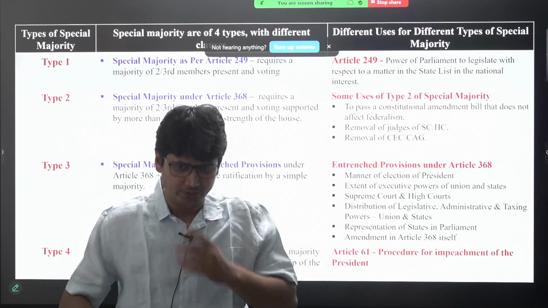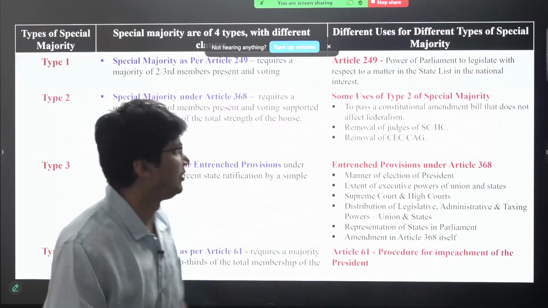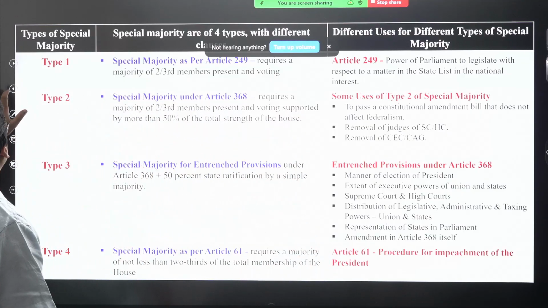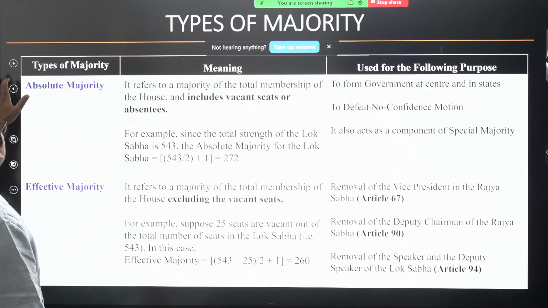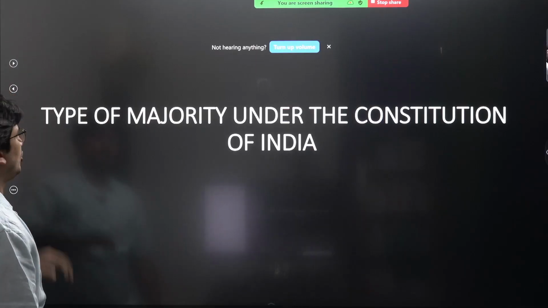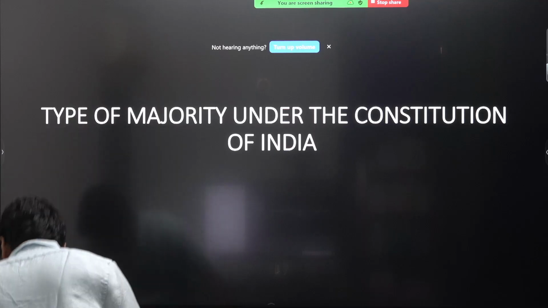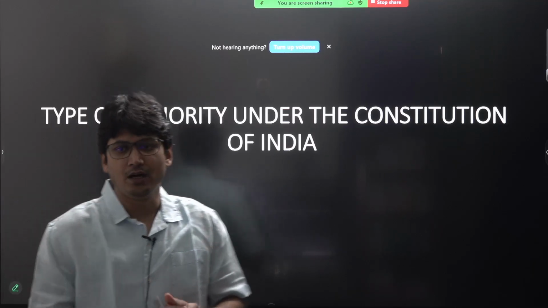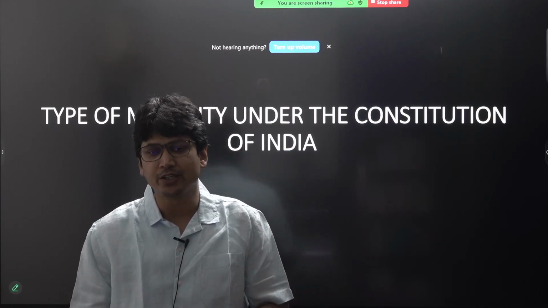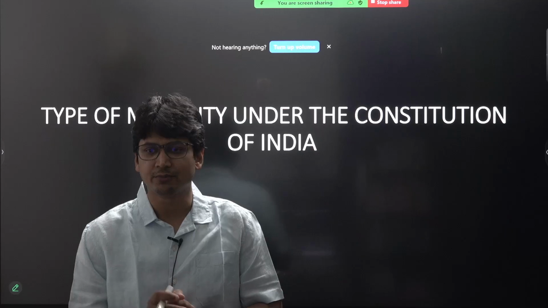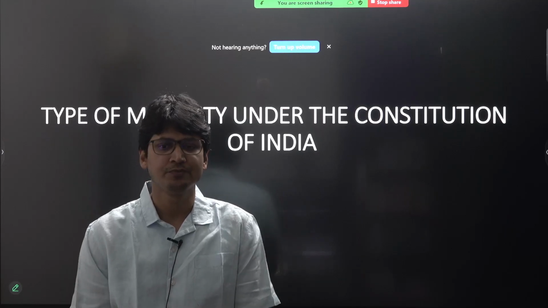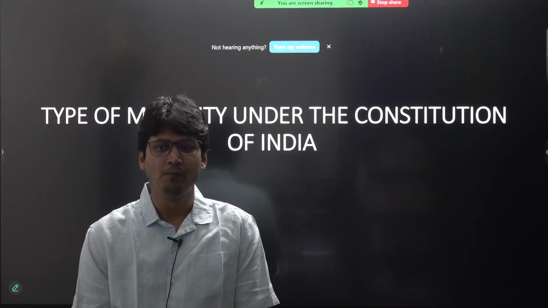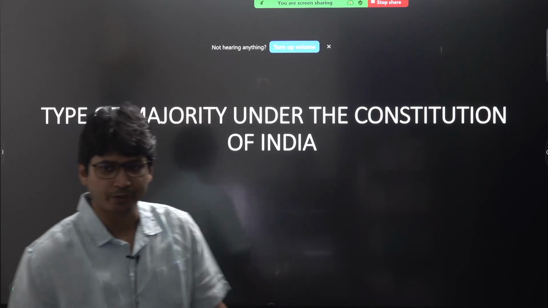So let's discuss the various types of majority used under the Constitution of India, right? Are you aware of the different types of majority used under the Constitution of India? Fatima, Krishna, Amrutesh? Okay.